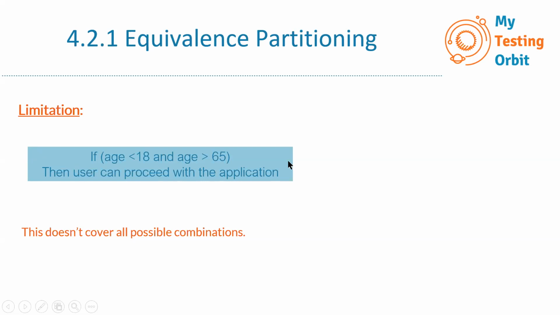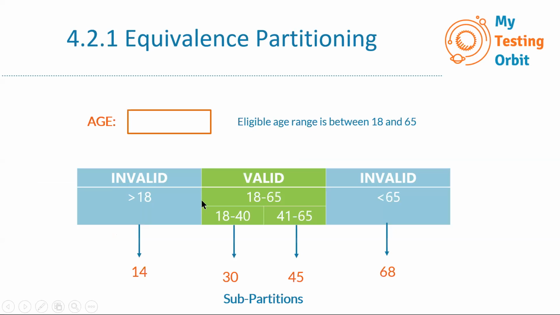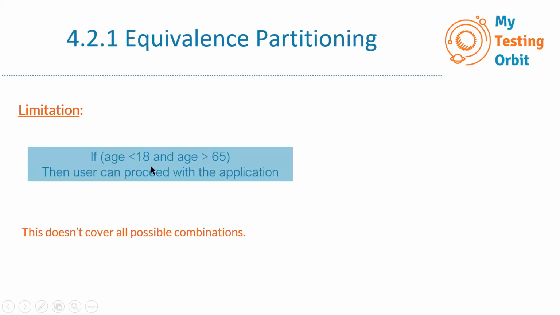But let's say we go behind the scenes and see this code, what's the problem in it? The code says if age is greater than 18 and less than 65, then the user can proceed with the application. While the actual requirement says the valid range is between 18 and 65, which means the code is not covering 18 and 65.